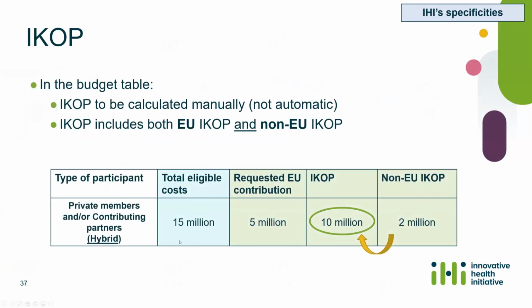If out of the 15 million, 5 million are covered by EU contribution, ultimately ICOP would be equal to 10 million, since ICOP is equal to the total eligible cost minus the requested EU contribution. And then out of those 10 million, 2 million would be from non-EU ICOP, but the 2 million are included in the 10 million.